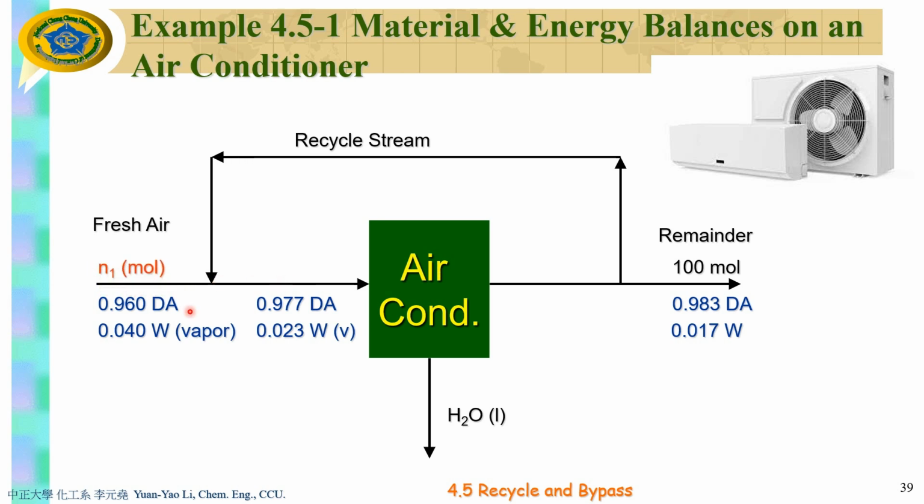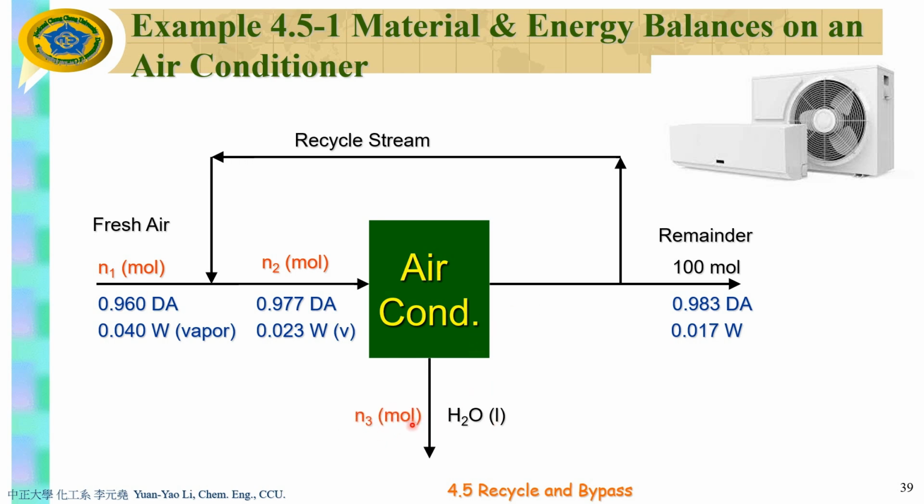How about this one? You have a ratio of the dry air and the water, so you have M2 here, right? Okay, and then the air conditioner outlet: this is pure liquid, pure water, so it's 100%, and there's no unknown fraction in this stream. And how about here?